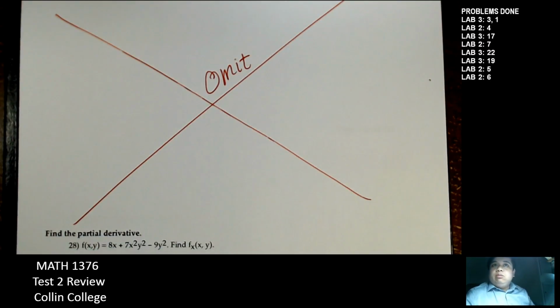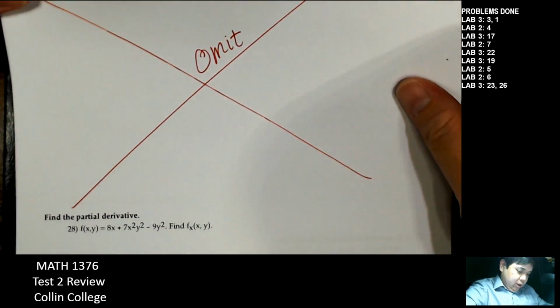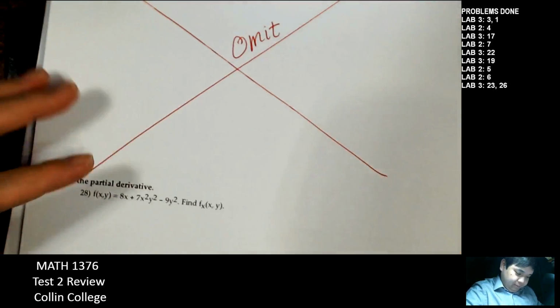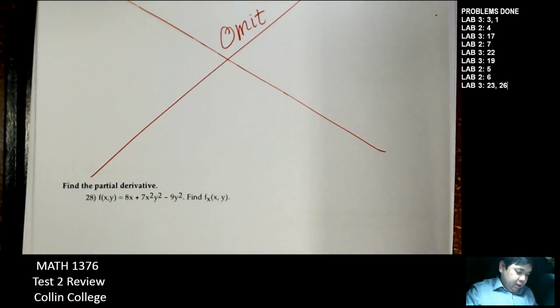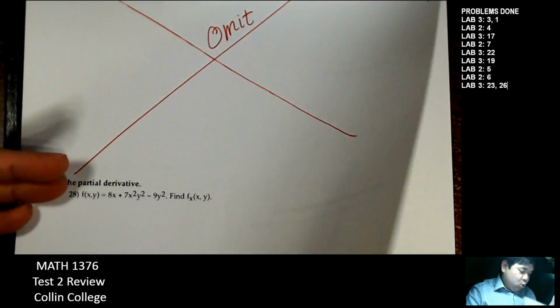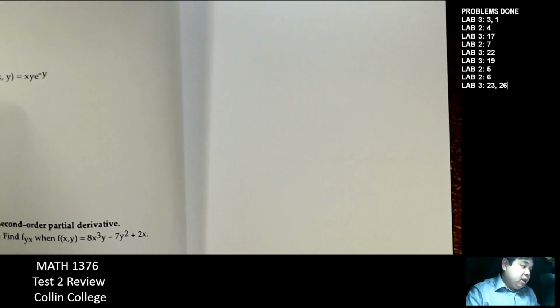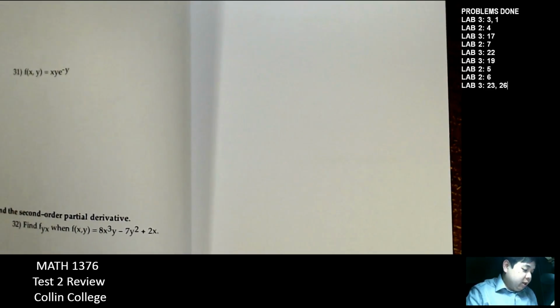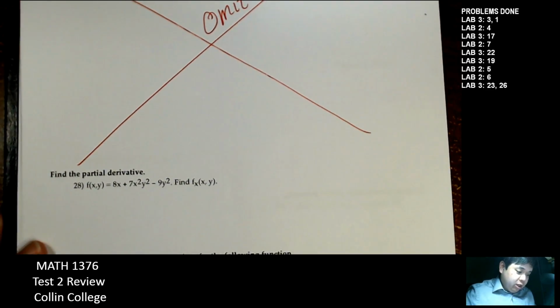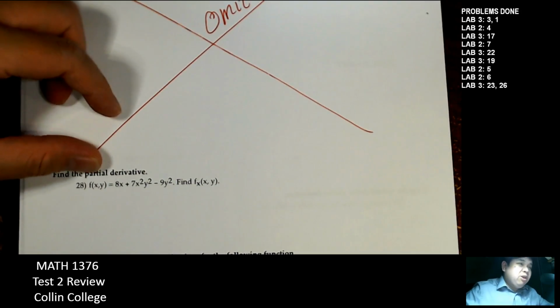Right, partial derivatives. I probably would do 29, 31, definitely. So look at the first one.